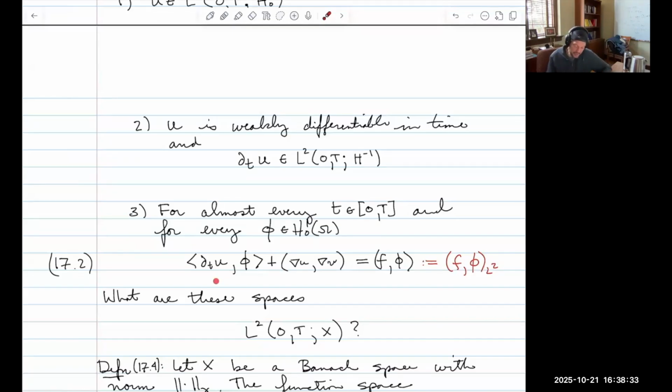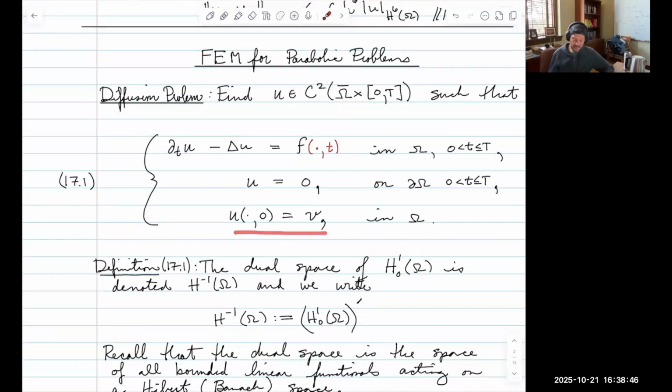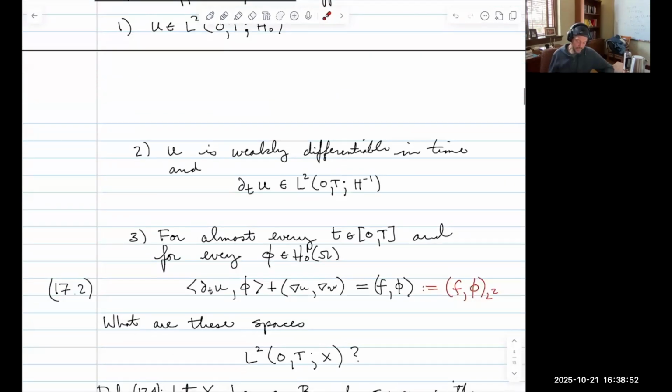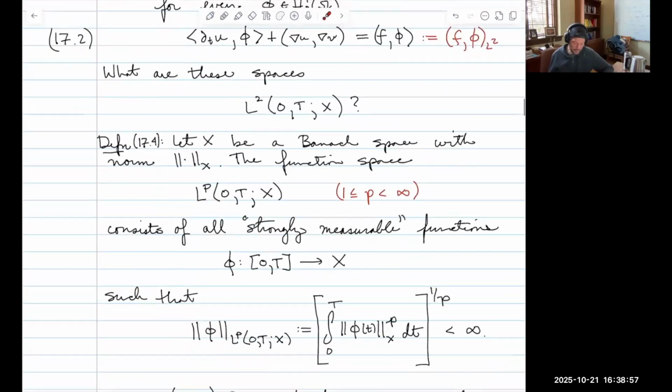But the initial condition is missing, so I'm going to do some surgery after class and put in the initial condition. I missed that. This initial condition is missing from my weak formulation. It has to be there, but I missed it. So that would be 0.4. Somehow I only got 3 out of the 4 points.